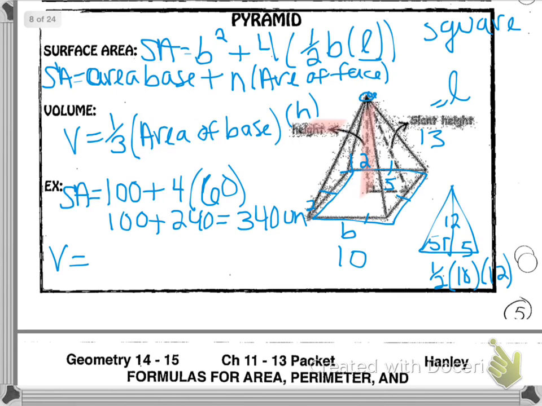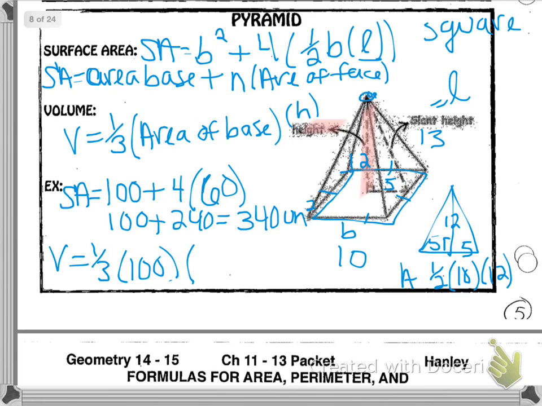Now for volume, we have 1/3. Area of the base we just calculated is 60. Or sorry, not, oh, I'm taking that back. That's the area of a face. So not 60, but the area of our base is 100.